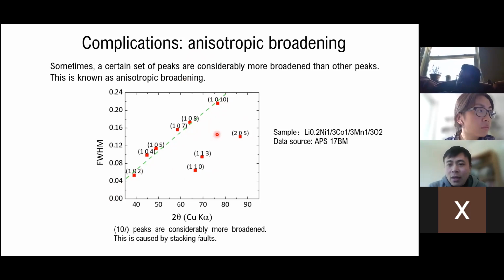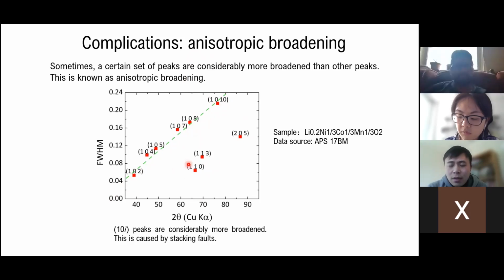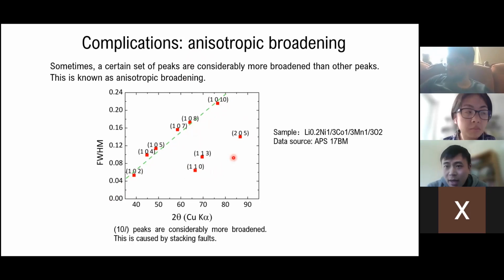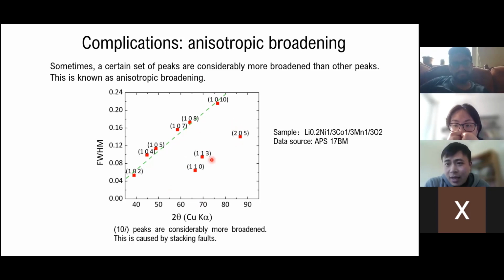Meaning that you have much broadened peaks, but only for a certain set of HKL peaks, and that's why it's called anisotropic broadening. When this kind of thing happens, it's in fact a good indication that something more complicated is happening in your structure.